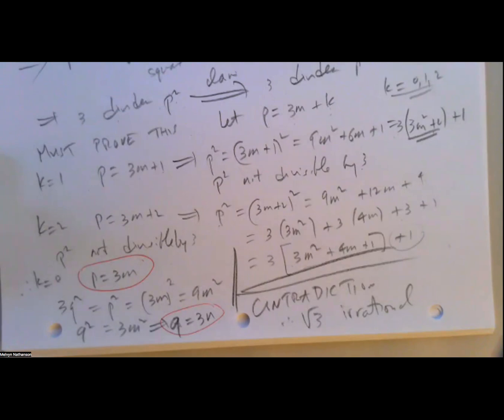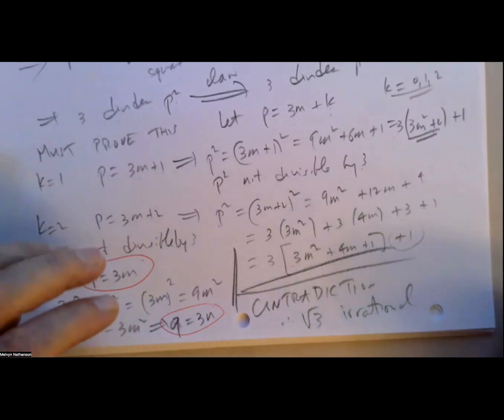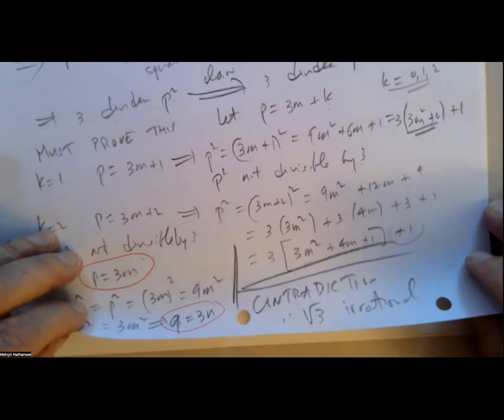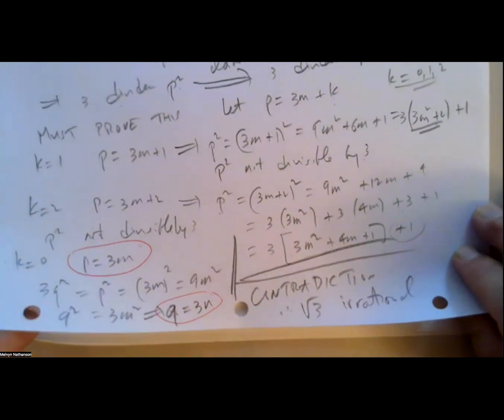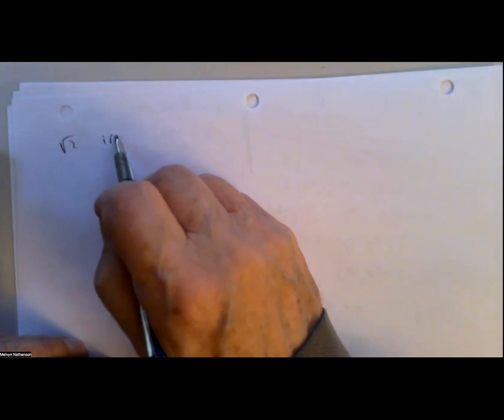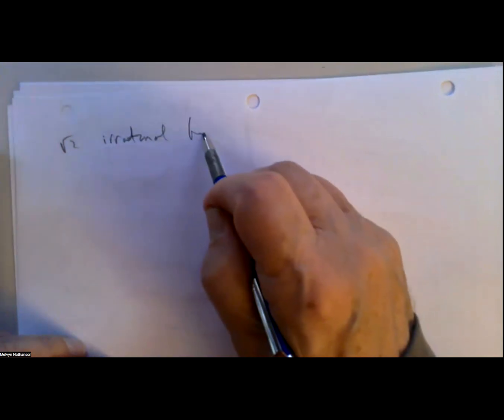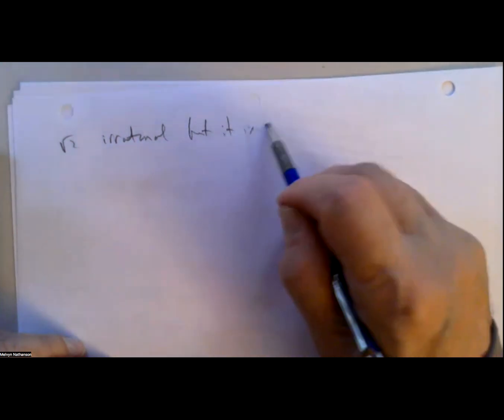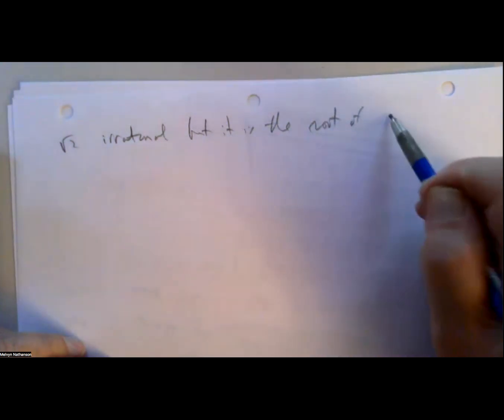So this is a very classical method of proving irrationality. And again, it's one of the fundamental landmarks in the history of mathematics, the existence of irrational numbers. It was a huge discovery in ancient Greece that not all numbers were rational. On the other hand, the square root of 2 is irrational, but it is the root of a polynomial.